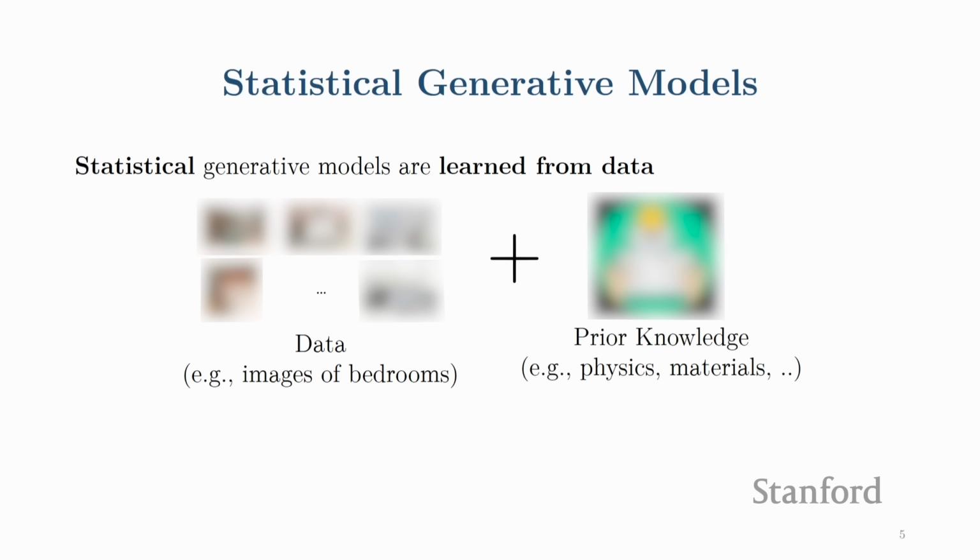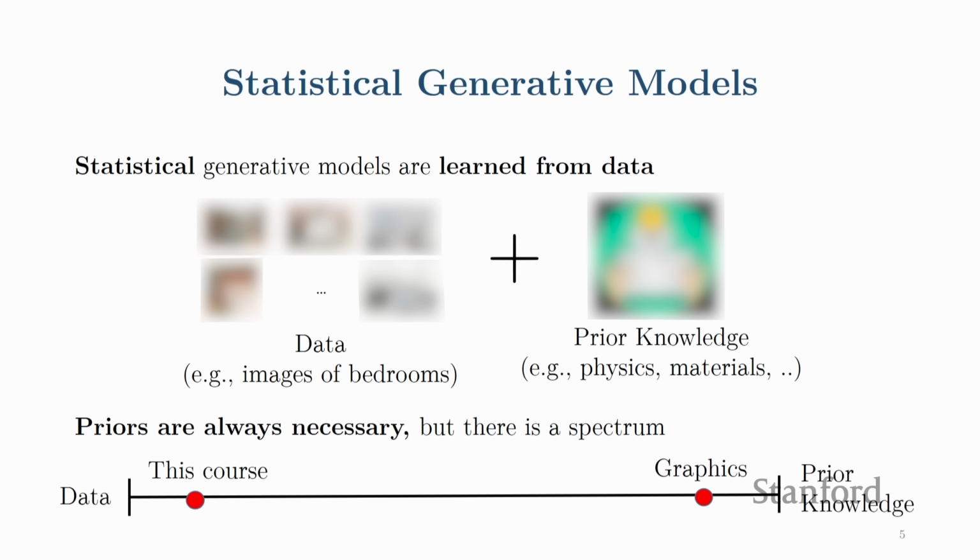So the kind of models we're going to work on are not graphics-based. They're going to be statistical models. So we're only going to be talking about models that are based on machine learning techniques. And so the generative models that we're going to work with are going to be based on a combination of data and prior knowledge. Priors are always necessary, but you can imagine that there is a spectrum, right?